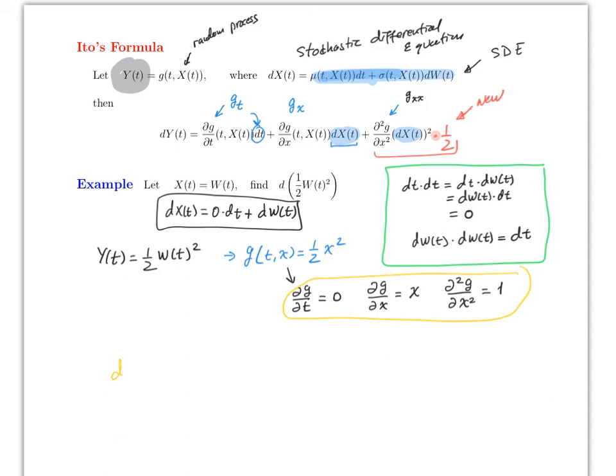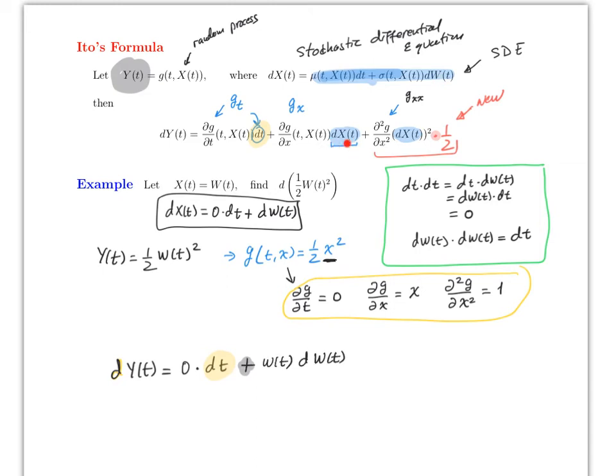dy t is going to be equal to dg dt, which is 0, times dt. Okay, remember this dt is going to be this dt, plus dg dx, which in our case is x, but remember x is the same thing as the Brownian motion or the Wiener process, so this will be wt dwt.